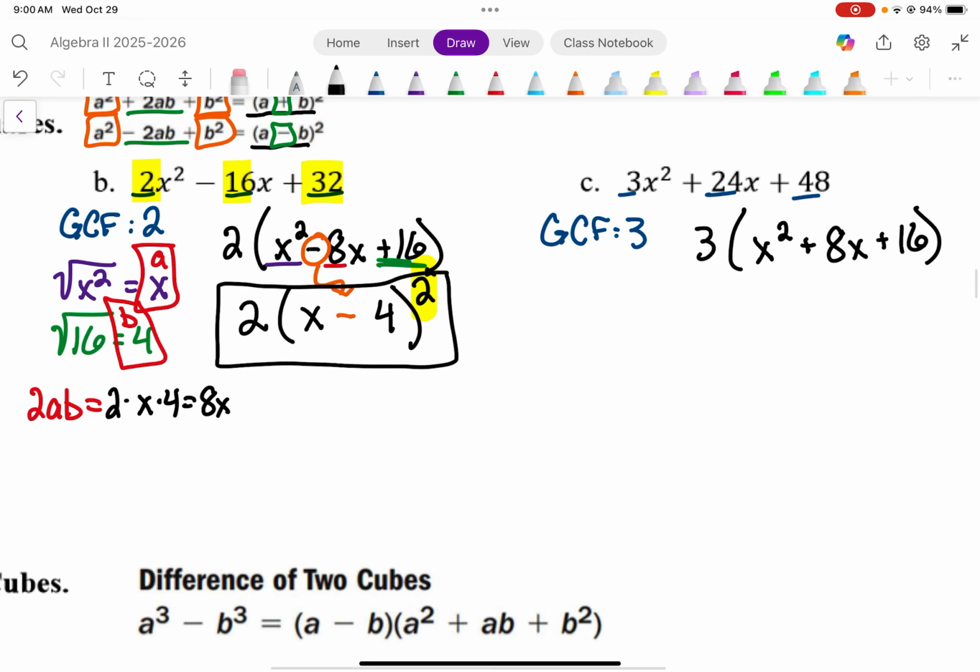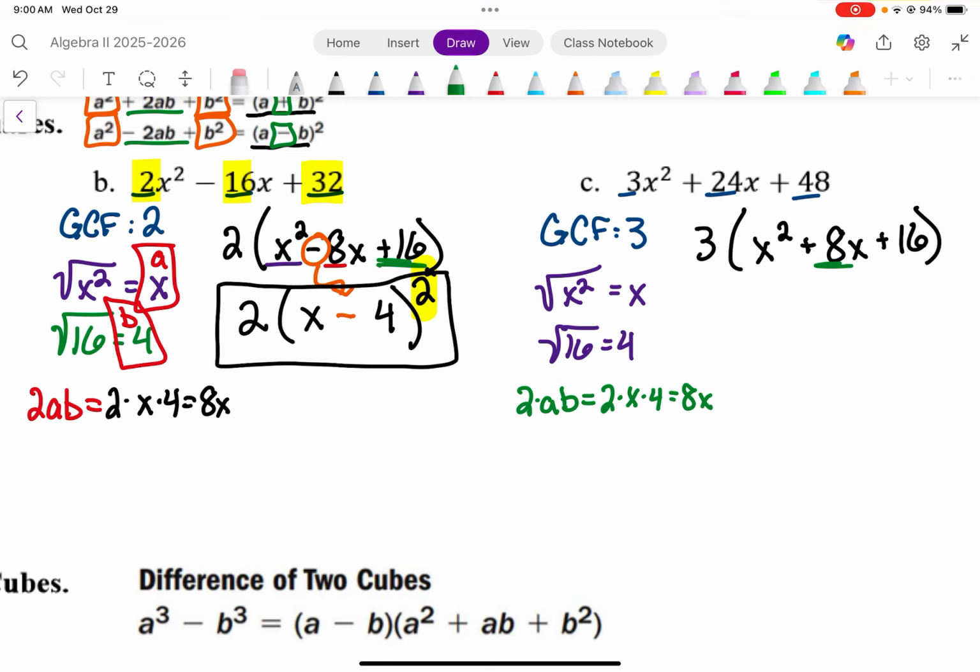Now we have 3 terms inside of the parentheses, so we're going to double check. Do we have perfect squares for our first and our last term? In this case, we do. We get an x and a 4 when we take the square root of those. Then we double check that 2 times a times b equals that 8x. If we take 2 times x times 4, that does in fact equal 8x.